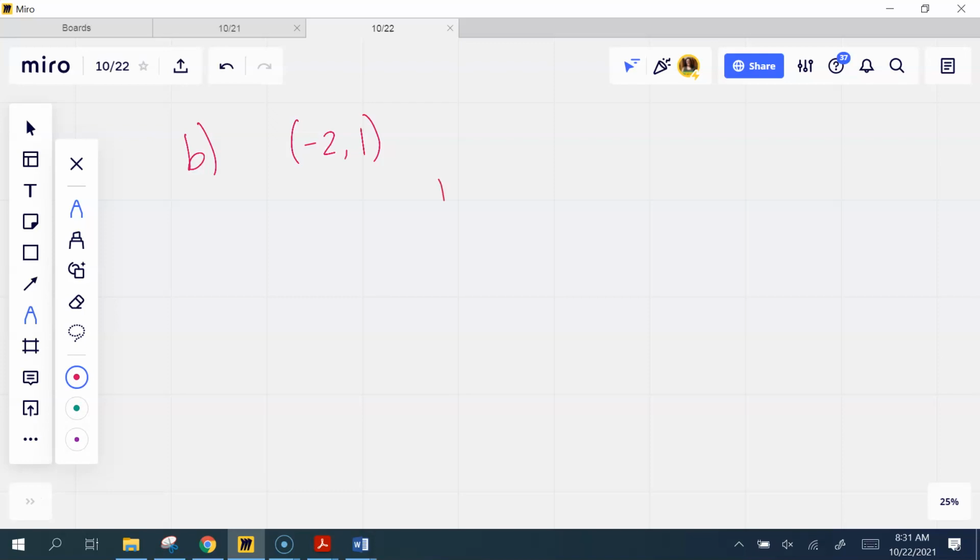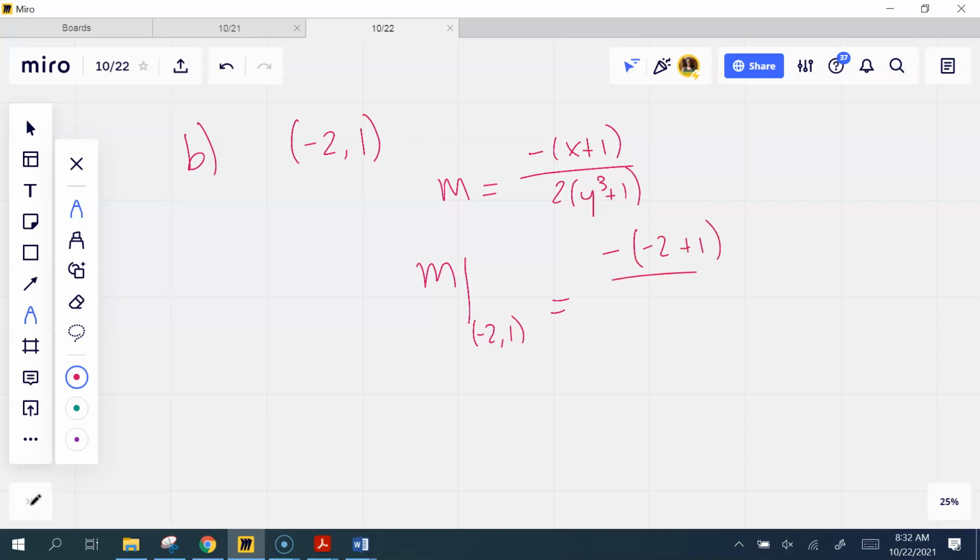Well, the slope is the equation, and they gave that. So even if you didn't get part A, they gave it to you initially in the problem. So use that. Negative (x plus 1) over 2 times (y cubed plus 1). So I'm just going to find the slope at that point, negative 2, 1. So it would be negative (negative 2 plus 1) over 2 times (1 cubed plus 1).